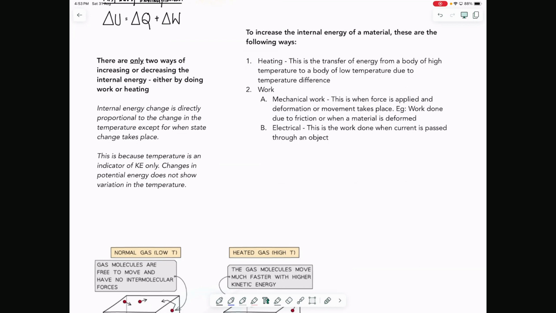So the energy goes to split the particles apart. So nothing goes to their actual movement.